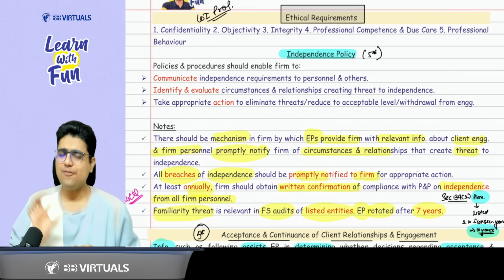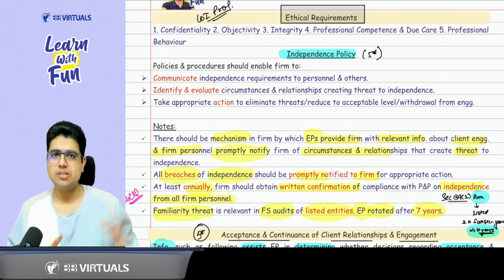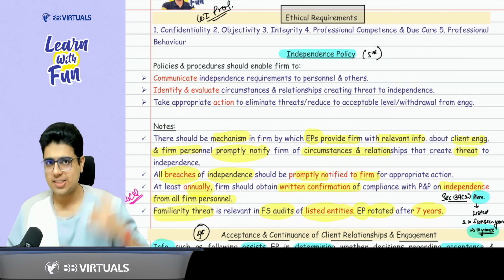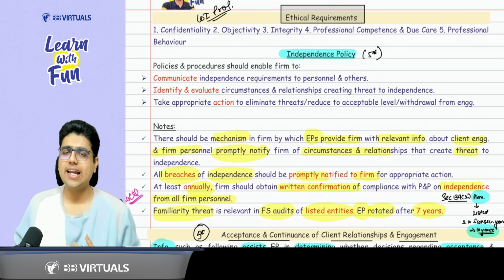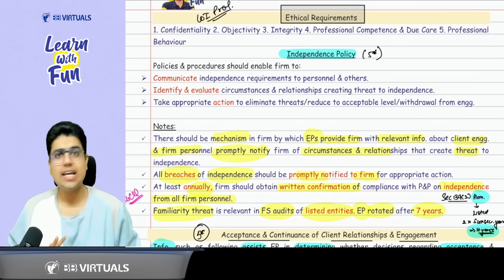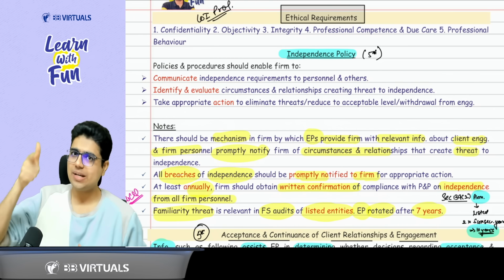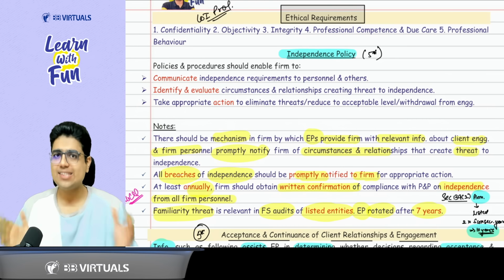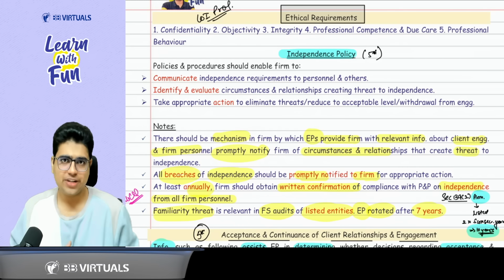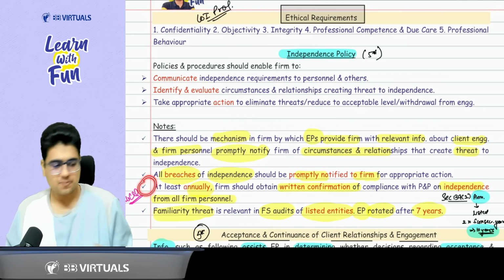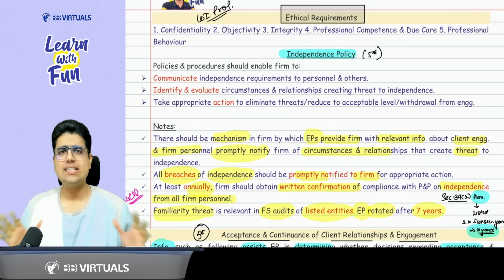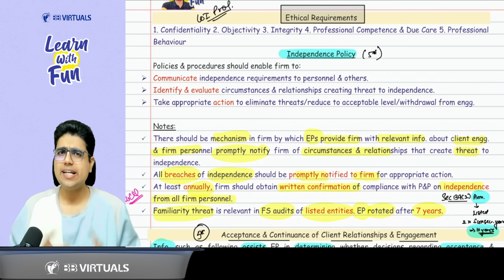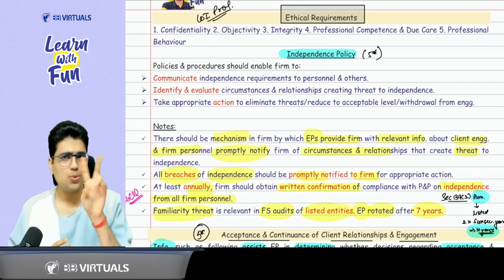Got it, sir? If there is any breach of independence in your engagement team, let's say someone bought the client shares, then do you need to wait for telling it to the firm? No, sir. You should promptly tell the firm. You should tell the firm as soon as possible that there is a breach of independence. Next point, sir. In EY, or let's say any of the big four, you know how many times independence confirmation is given? 2 times.